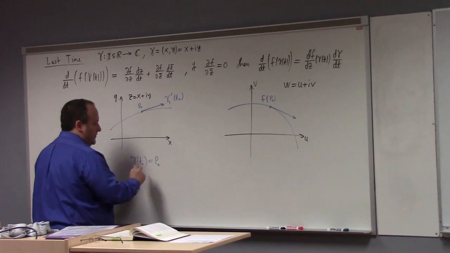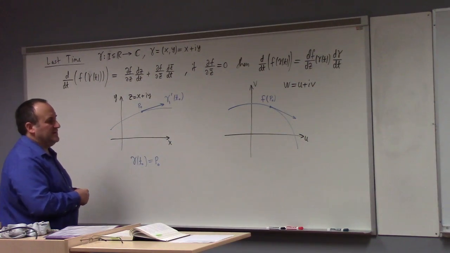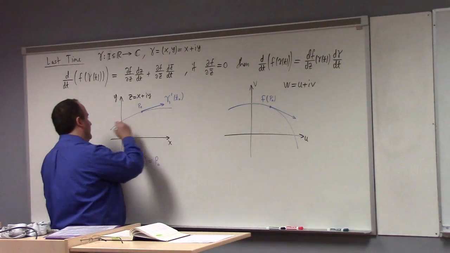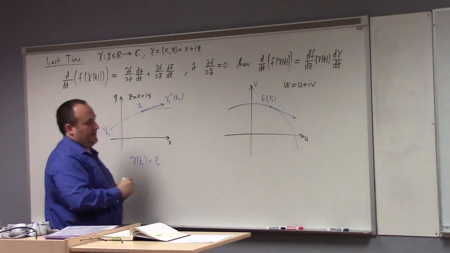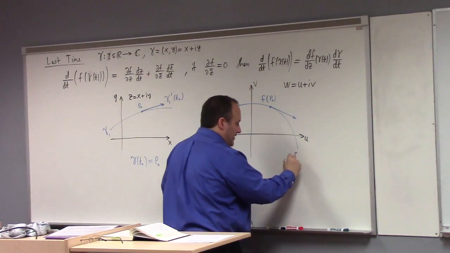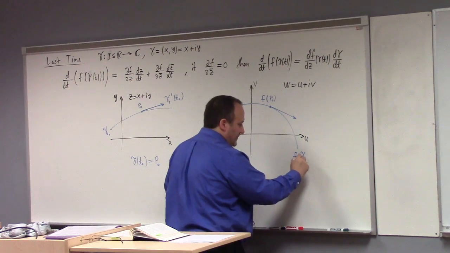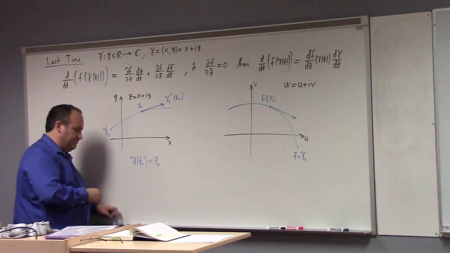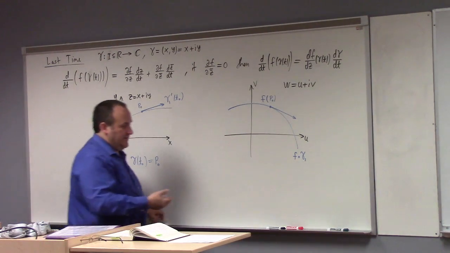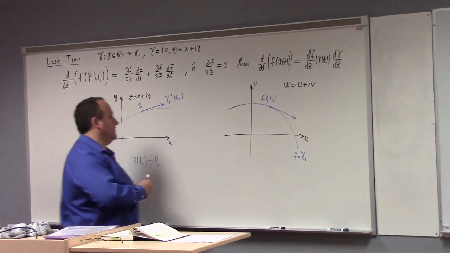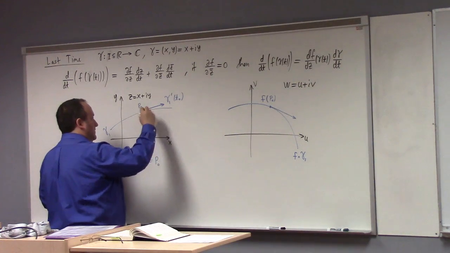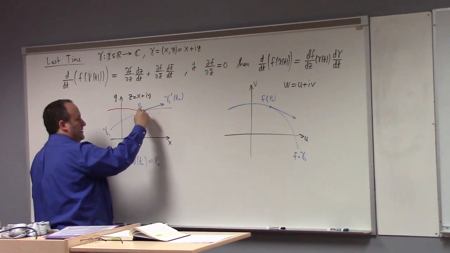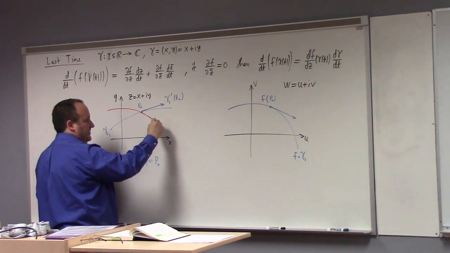I was saying this stuff in words, but I wanted to write it down. So this is my path parameterized by gamma 1, and its image over here in the w plane is f composed with gamma 1. That's one path. Then if I have a second path, maybe like this, again I'll parameterize it so that we can compare nicely.